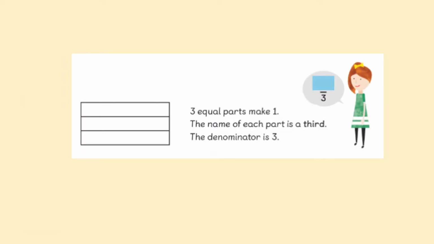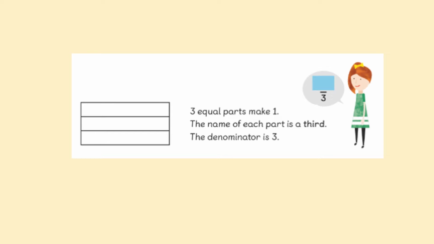So we can have a look at lots of different shapes, and even before we know which parts are going to be shaded, if any, we can already figure out the denominator, the name. So in this rectangle there are 3 equal parts and all of them add up to make one whole.